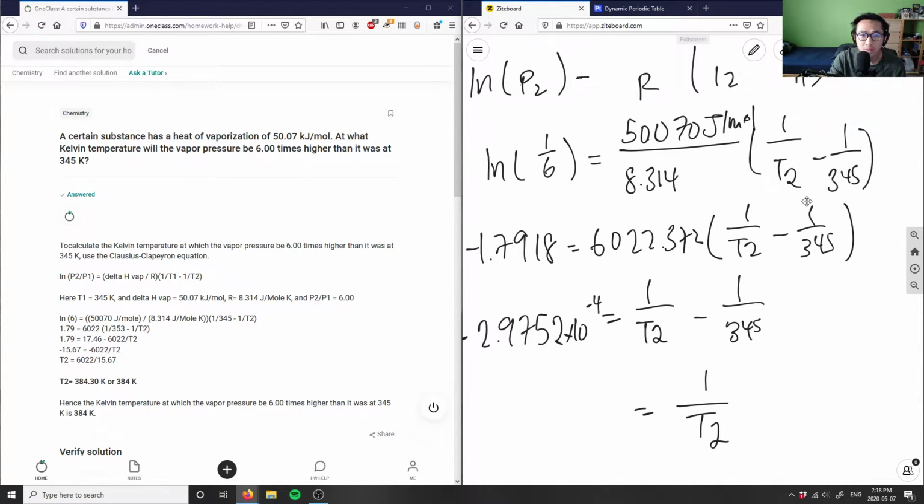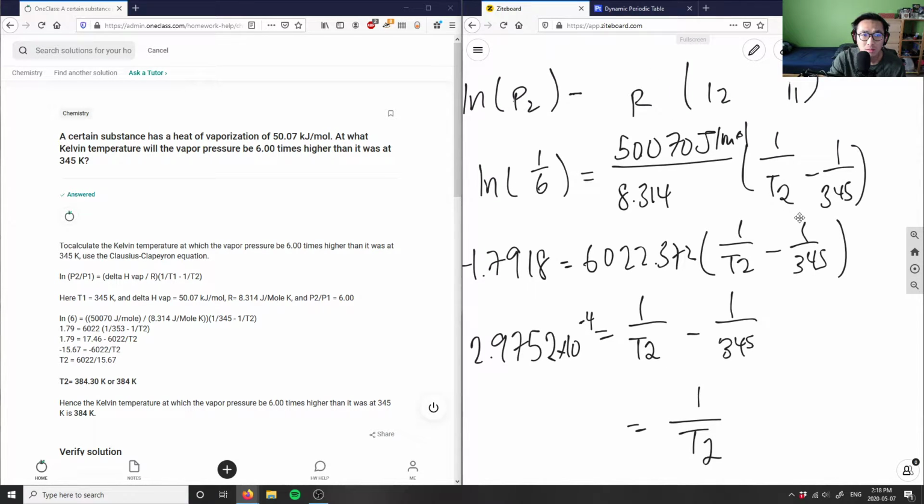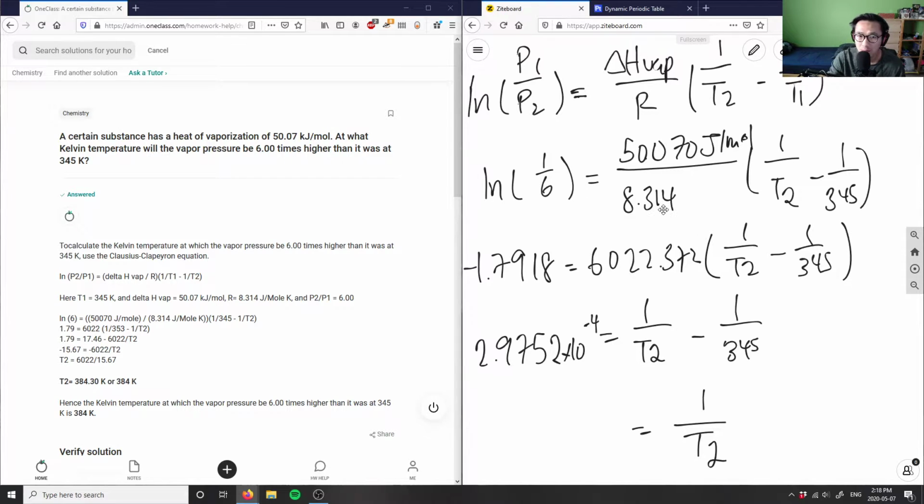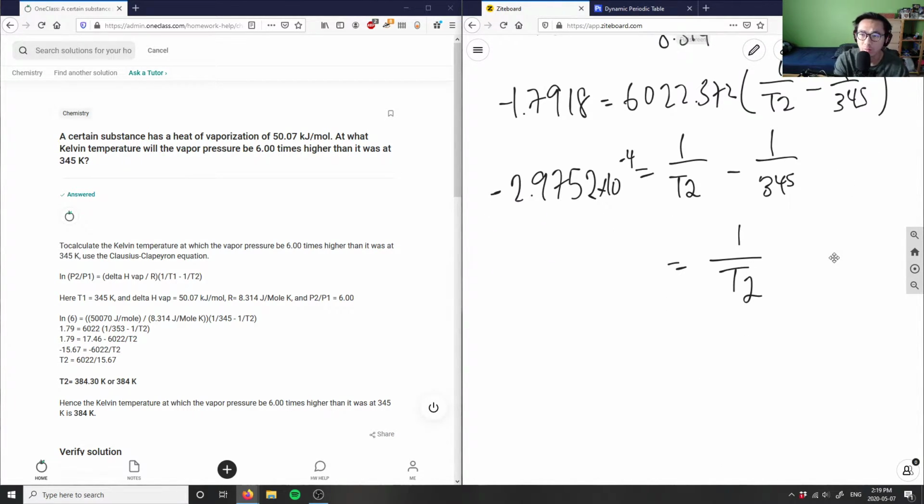So let me just see. T1 is here, right? T2 minus T1. I'm solving for T2 here. And they had 1 over T1 minus 1 over T2. I did 1 over T2 minus 1 over T1. I think it should be okay now.